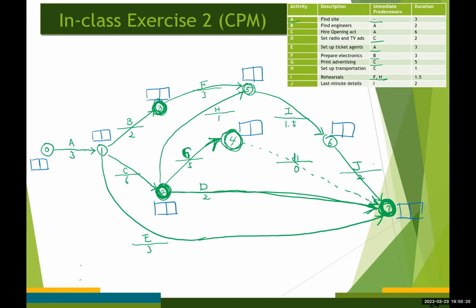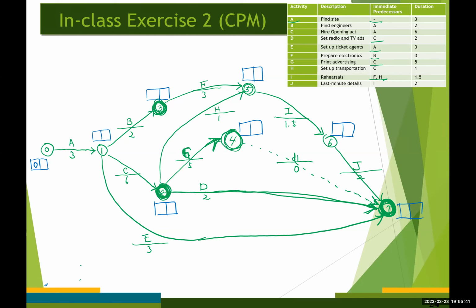Now I'm going to get back to this. So again, we start from time t equals 0, the start node.